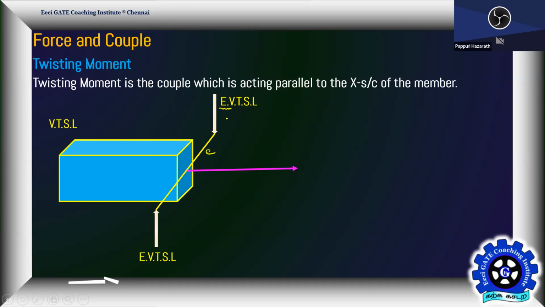Clear? So in this case, two equal in magnitude and unlike eccentric vertical transverse shear loads will create a twisting moment. Correct now? Is it clockwise? Clockwise only, no? Like this.